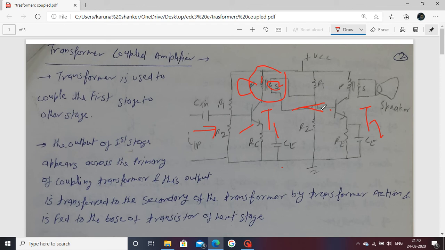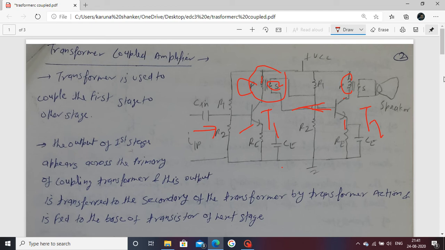This is your base, this is your emitter, this is your collector. The secondary is connected to the base terminal of transistor T2. Now the transistor T2, the second stage transistor, amplifies again and the output comes across the collector. Here your amplified output comes across the collector of this transistor.